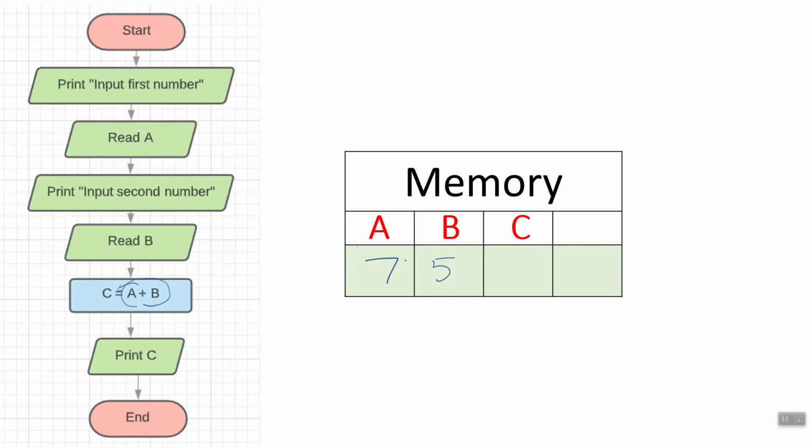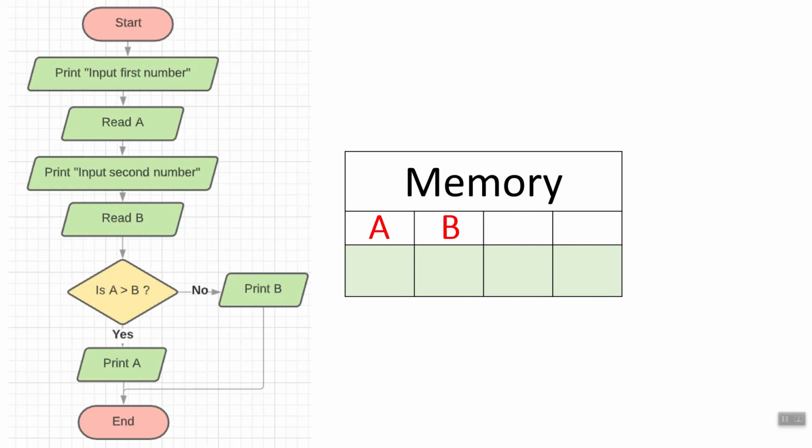So we add whatever's in A to whatever's in B, in this case 7 and 5 together to make 12. And then we output whatever is stored in this memory location, this variable C, which in this case is 12. So on screen we output 12. So in English, this algorithm simply takes 2 numbers from the user and outputs the sum total of those 2 numbers.